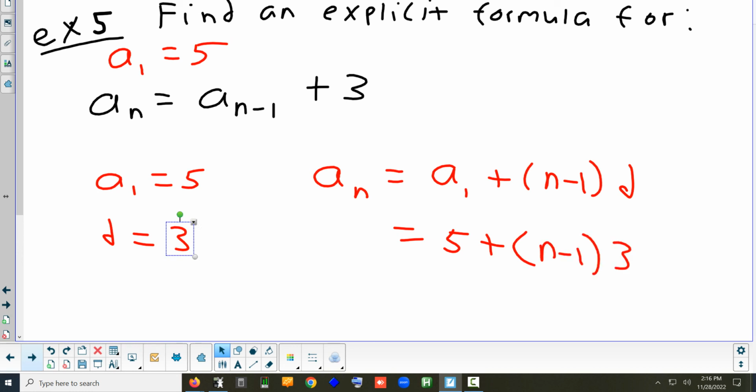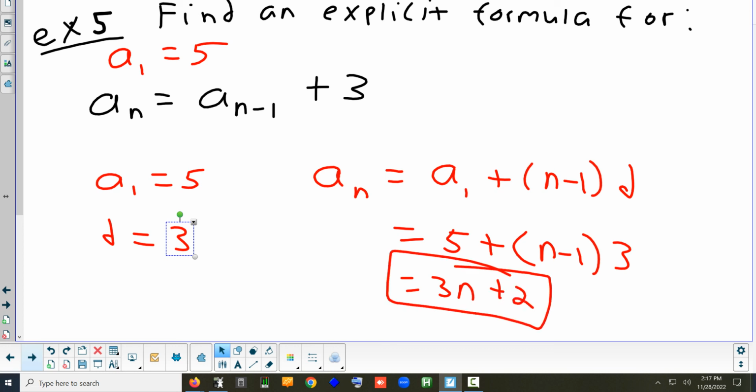Now you should distribute that out. Okay, distribute and combine like terms. Let's see, what are we going to get for the number with n? Yeah, 3n. And what about the number that I'm going to add or subtract? In this case, I think it's going to be add. 3n plus 2. Yep.